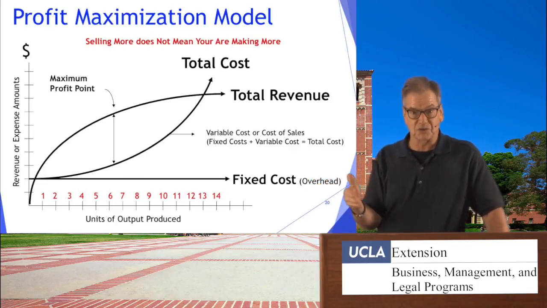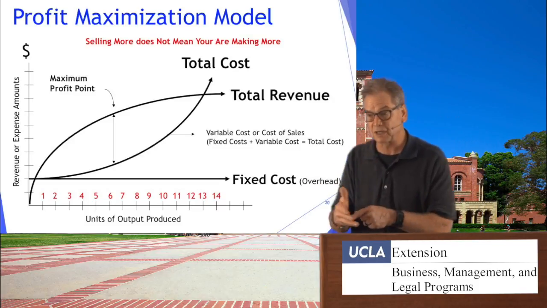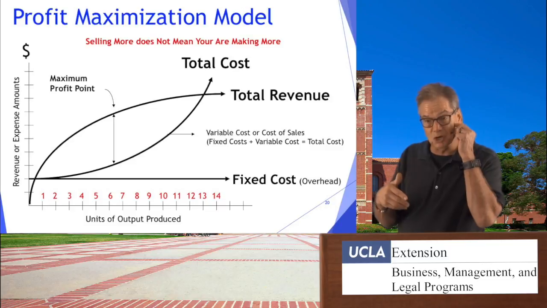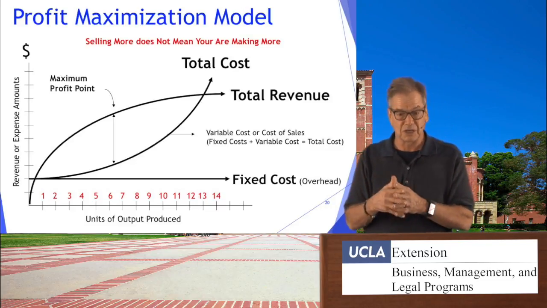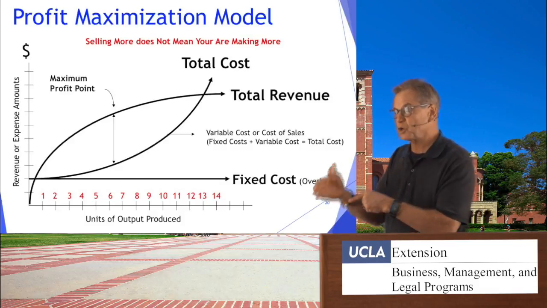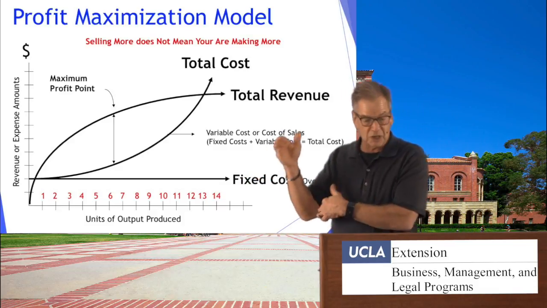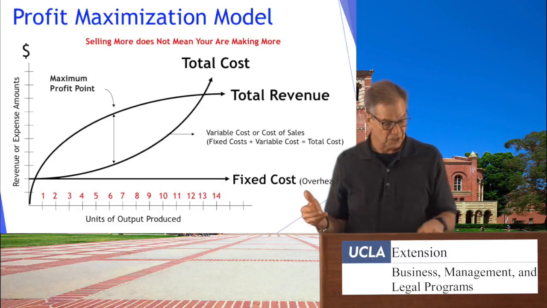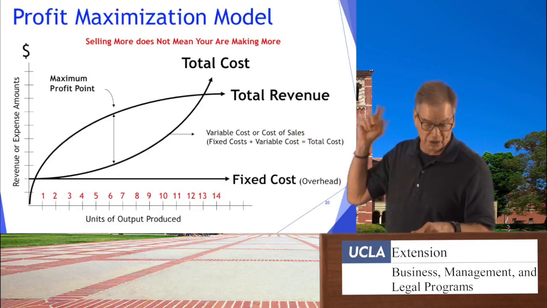Then there's direct cost of sales. So every time we sell something, we have to pay for labor and materials and things like that. So there is a variable cost associated with our production. So our fixed costs plus our variable cost equals our total cost.